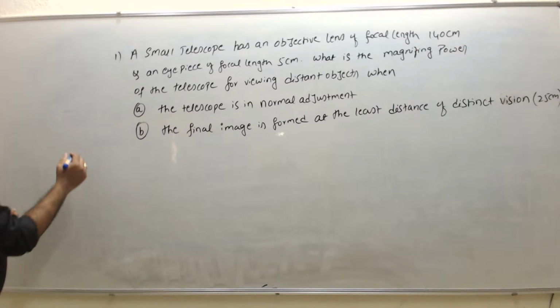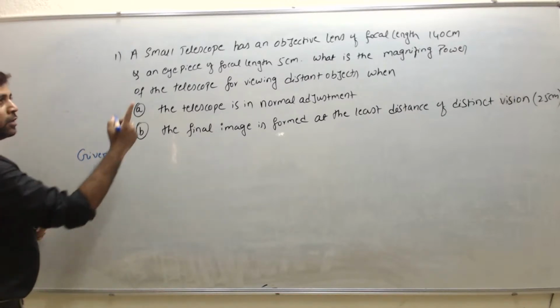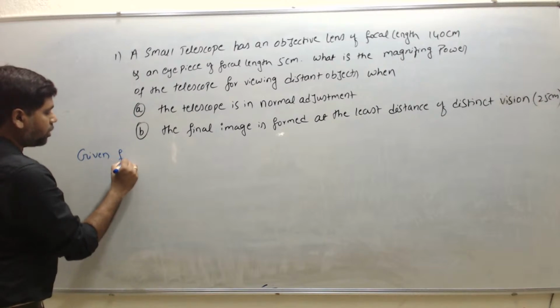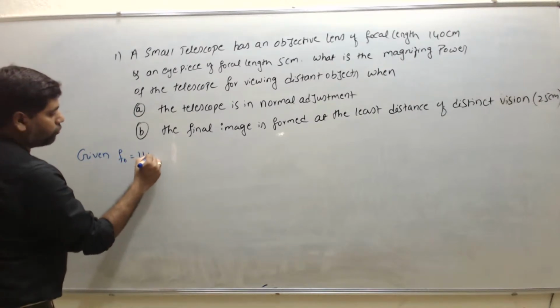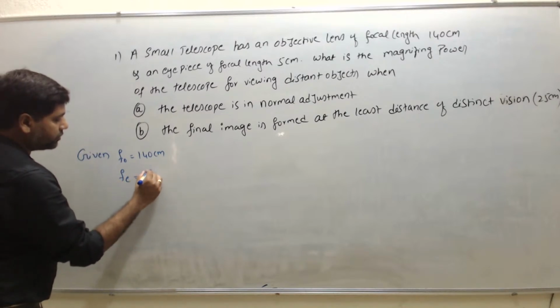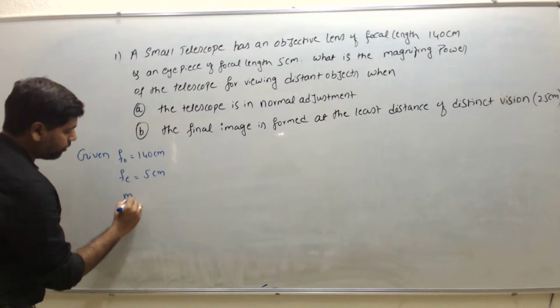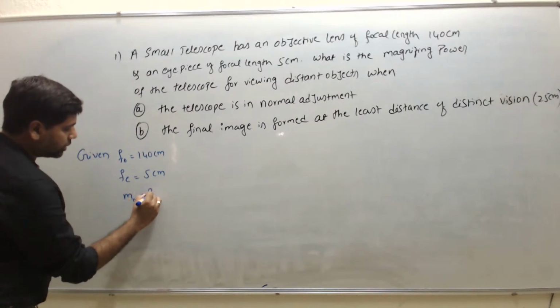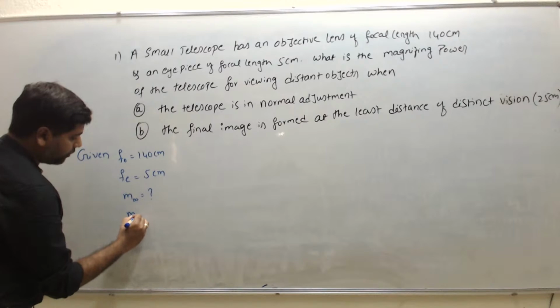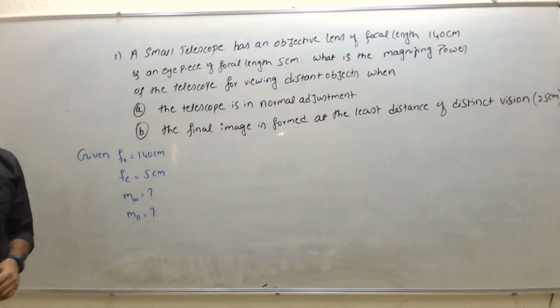So here, given is f of objective lens is 140 centimeter and f of eyepiece is 5 centimeter. Here we have to calculate the magnifying power at infinity and magnifying power at least distance of distinct vision.